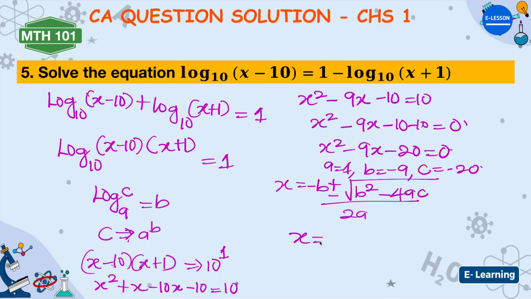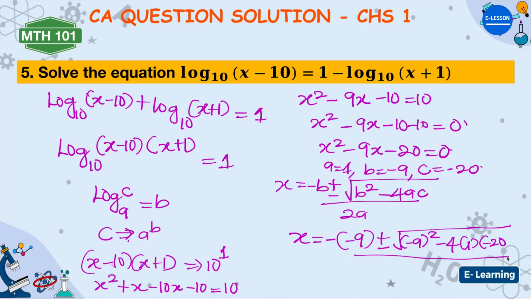This will now give us x is equal to minus bracket minus 9 plus or minus the square root of minus 9 squared minus 4, a is 1, c is minus 20, all right? And then all divided by 2 times 1, which is 2a.